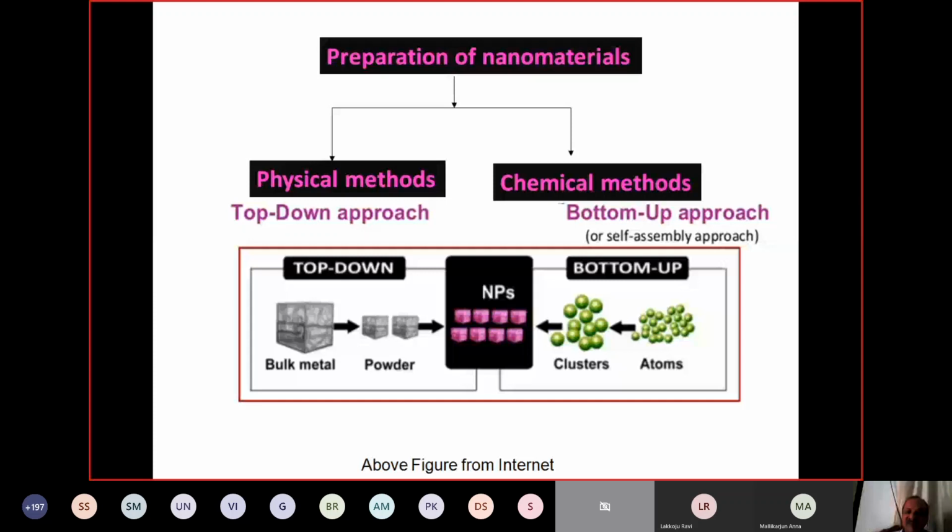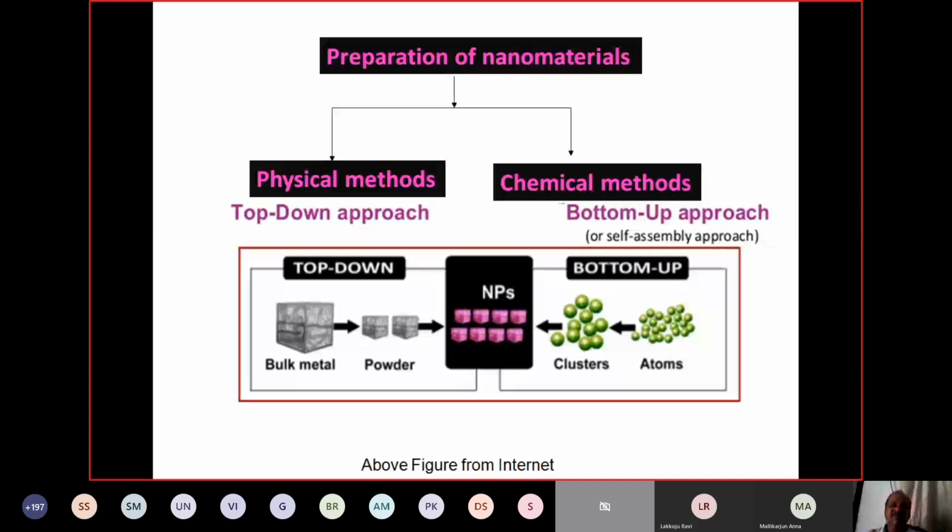Then I'll give a brief about the top-down approaches. We are taking the bulk material and making it into smaller sizes, that is, crushing, milling, or grinding. Then what happens? These may not be in a proper shape or proper size, because different materials may give different sizes. There is also a possibility of disturbing the crystal structure, so they may not be perfect.